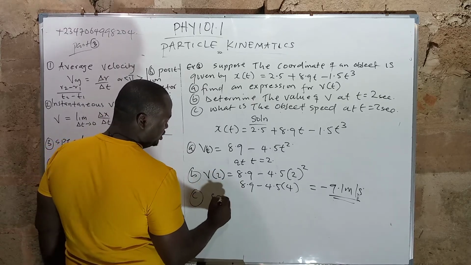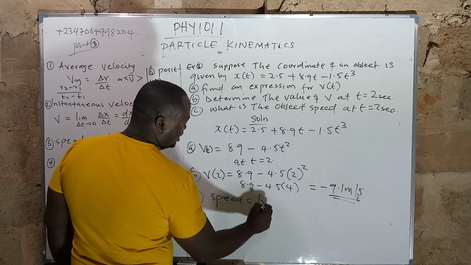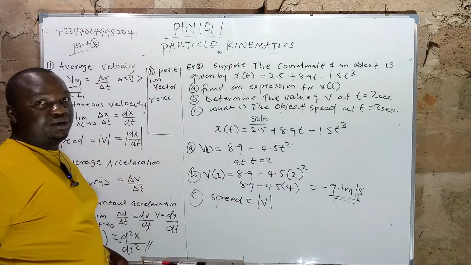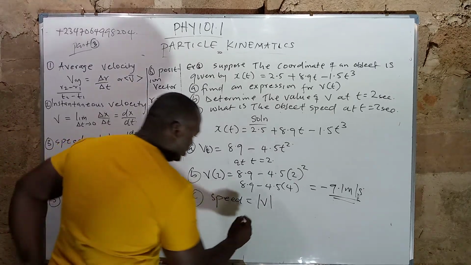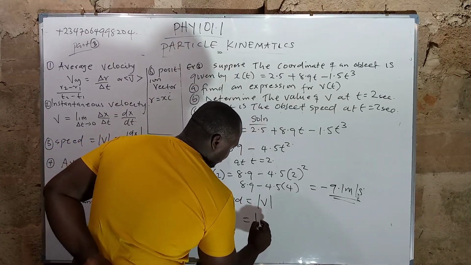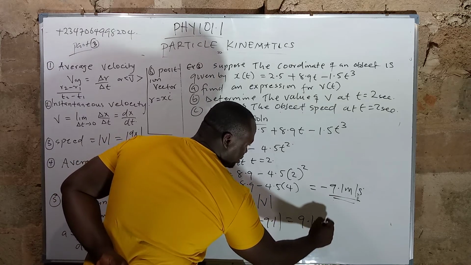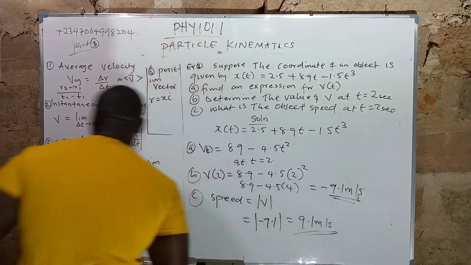The speed is equal to the magnitude of v. Whenever there is a magnitude, if you put a minus in the magnitude, it will turn to plus. So this is the magnitude of minus 9.1. The answer is 9.1 meters per second. So that is the answer.